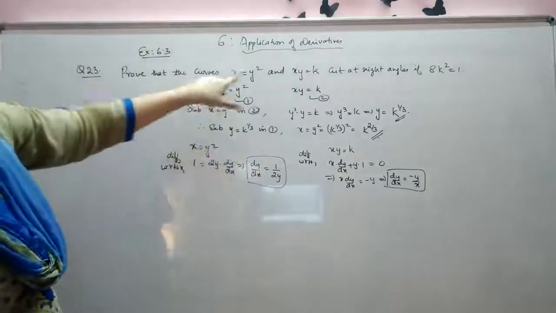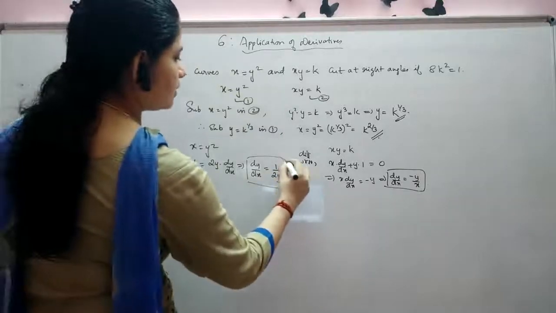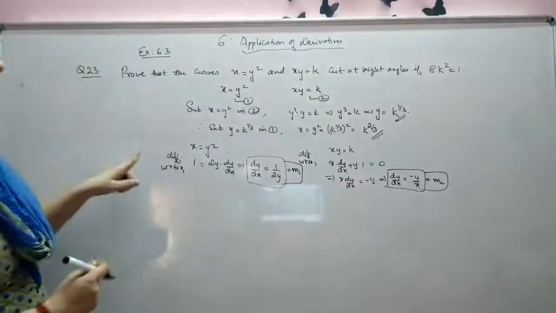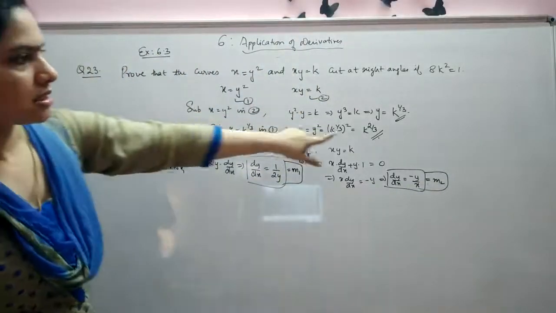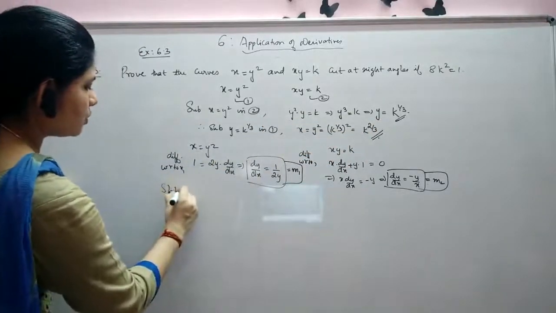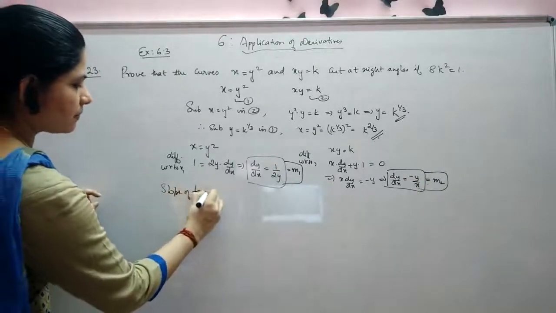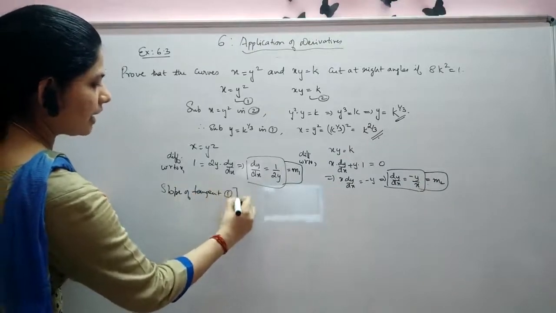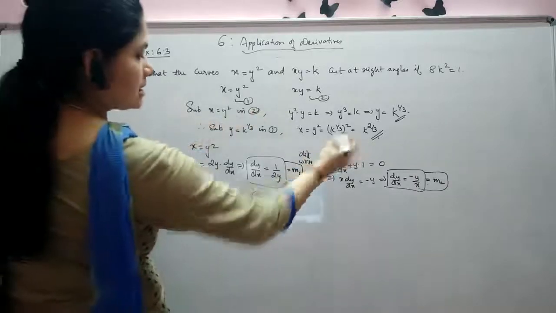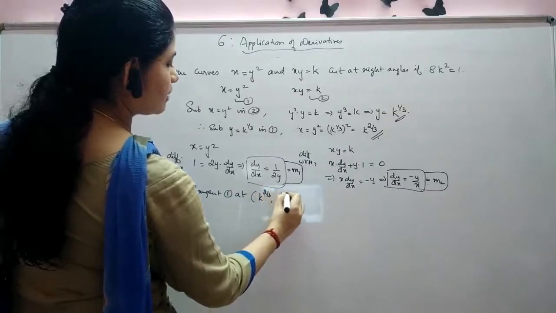Now what they have given, the curves are at right angles. Therefore m1 m2 equal to -1. Suppose this is your m1 and this is m2, the slopes of the tangents. Again, you have the point, so you can just substitute. First I will find the slope of the tangent of equation number 1 at the point (x, y) given as k raised to 2 by 3 comma k raised to 1 by 3.